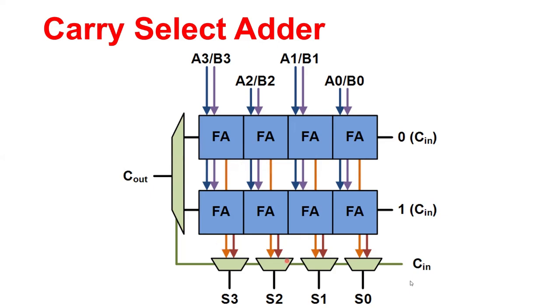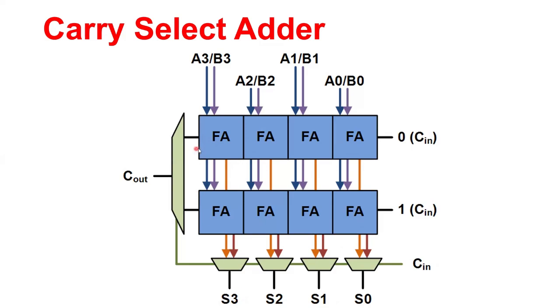And because the initial carry C in is equal to 0, as we have assumed, the orange lines, which are the sum outputs from the top row, get connected to the final sum lines S0, S1, S2, S3.